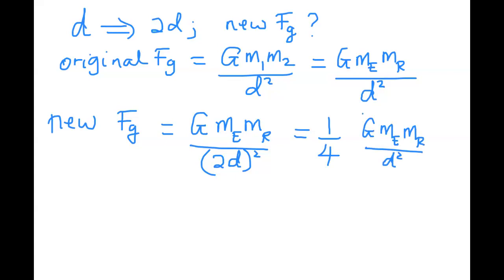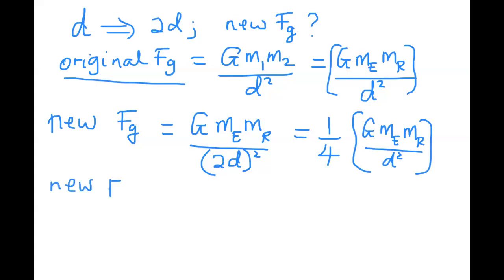If you look carefully, this quantity is the same as the original Fg. So the new Fg is equal to 1/4 of the original gravitational force.